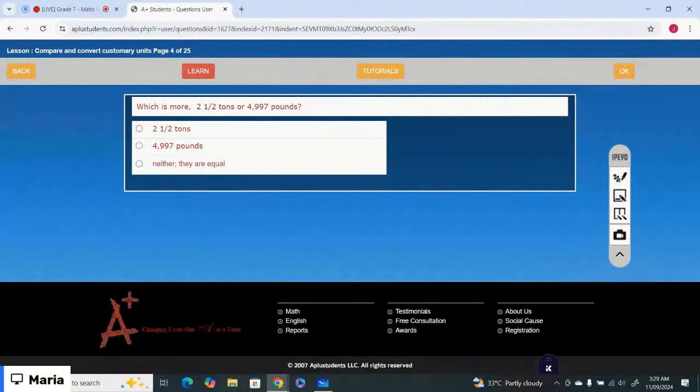With two whole 1 by 2 tons or 4,997 pounds, which is the correct option?